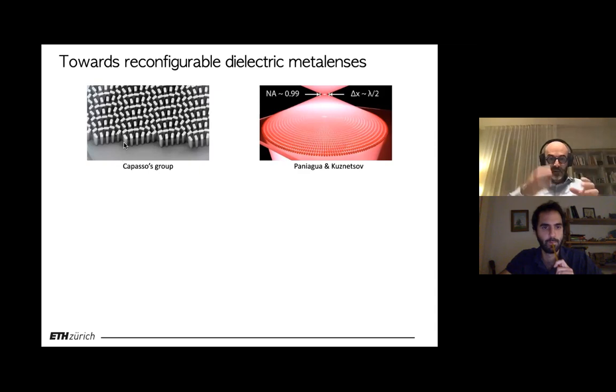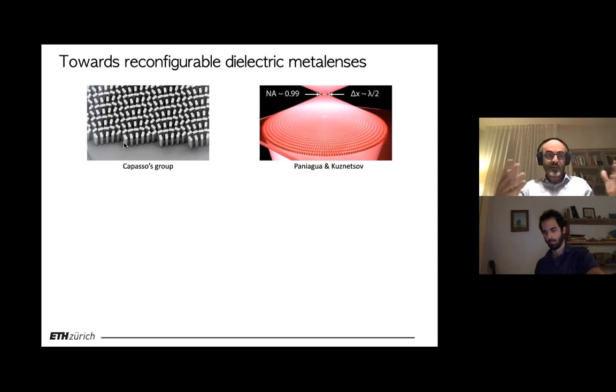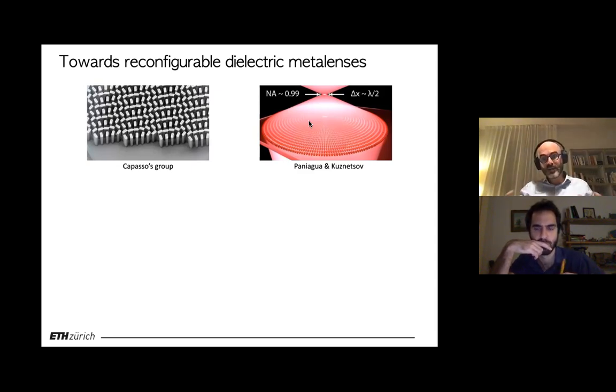So by changing the orientation and the dimension, I'm able to control the phase between 0 and 2 pi, and eventually map a phase front that is basically what is needed to achieve the optical functionality I want. In particular, if I want to make a lens, I shape all these elements in order to reconstitute the same phase accumulated when you go through a bulky glass lens.